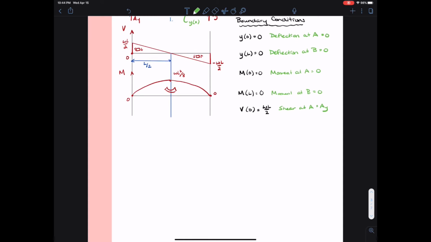So I'm going to set up the method of integration here at the bottom of this page. Alright, so to perform the method of integration, we will start from the fourth order relationship, which says that EI y to the fourth equals negative omega, where omega is a constant distributed load.